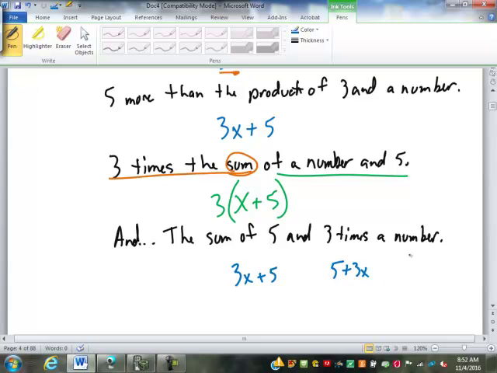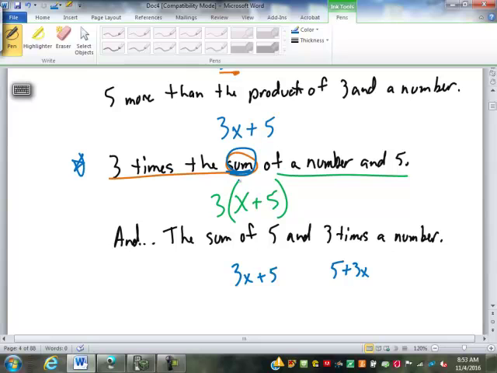Any questions? Okay. This one here? Yeah, 3 times the sum means we're multiplying a sum by 3. The sum is the result of an addition. So that means we must have done the addition first, so we can multiply its result by 3.